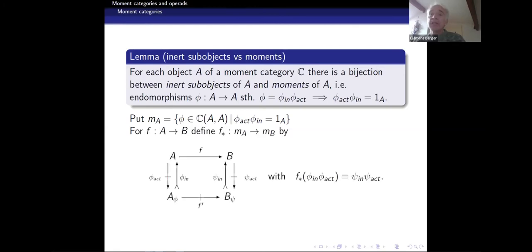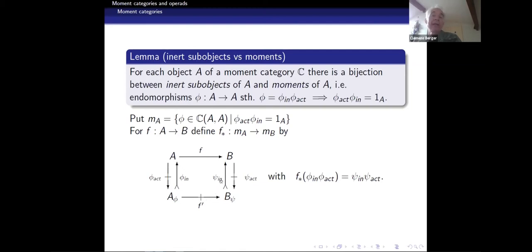So how do you do it? If you have a map F from A to B, and you have a moment on A, so an inert subobject, which I call A phi, with a retraction, then you can define a moment on B. You take the composite of the inert map phi with F, and you decompose it as an active map F prime followed by an inert map psi.